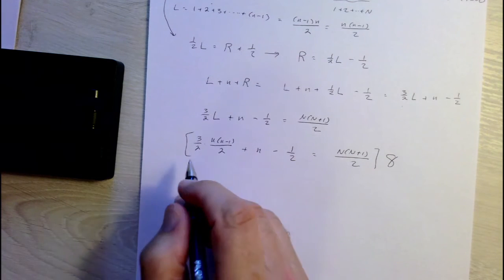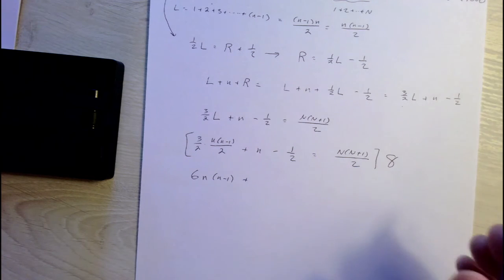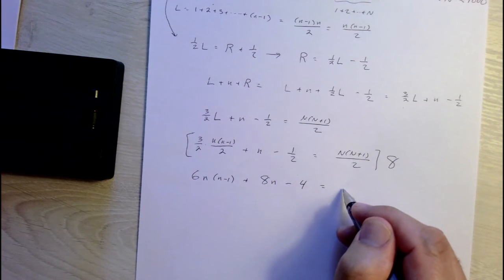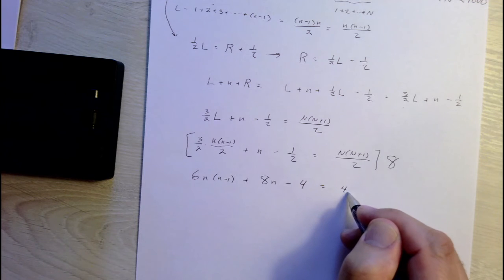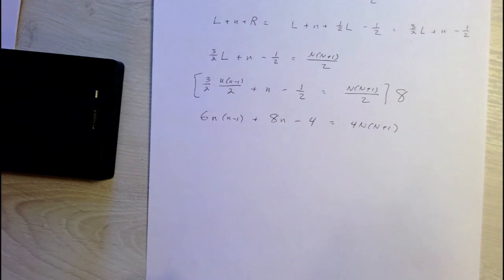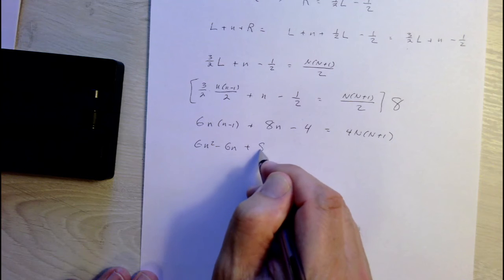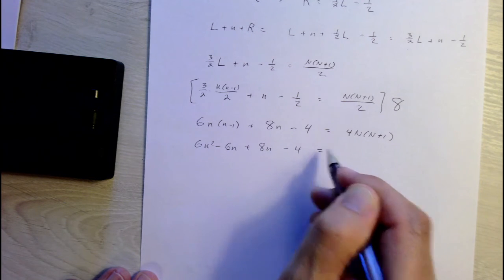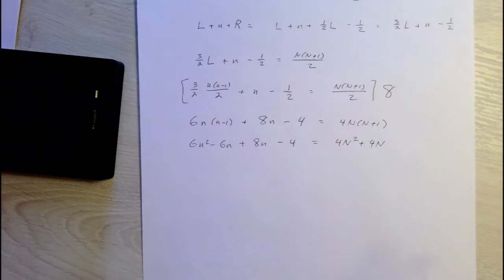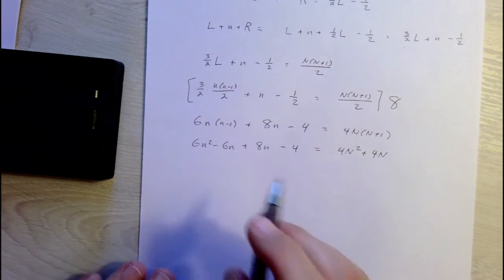Then this will become 6n minus 1 plus 8n minus 4 equals 4N times N plus 1. Which will be 6n squared minus 6n plus 8n minus 4 equals 4 capital N squared plus 4 capital N. Obviously, we can say minus 6n plus 8n is 2n.